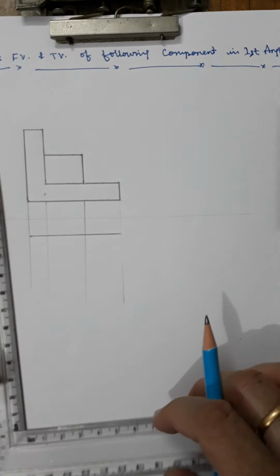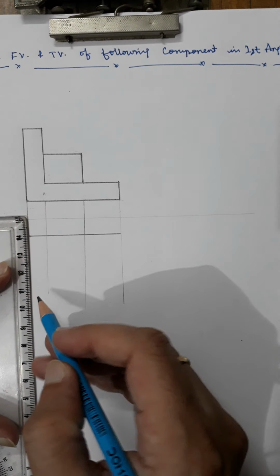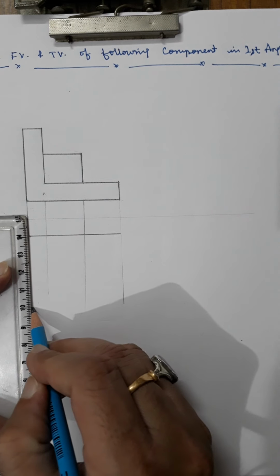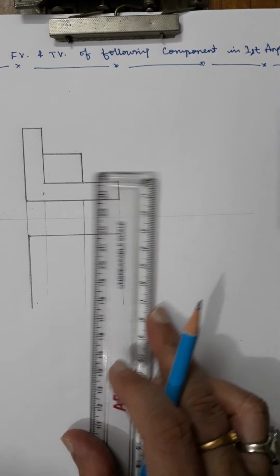Okay, and then 40 towards this depth. So it will be a 40 by 50 block. And this is also 40.